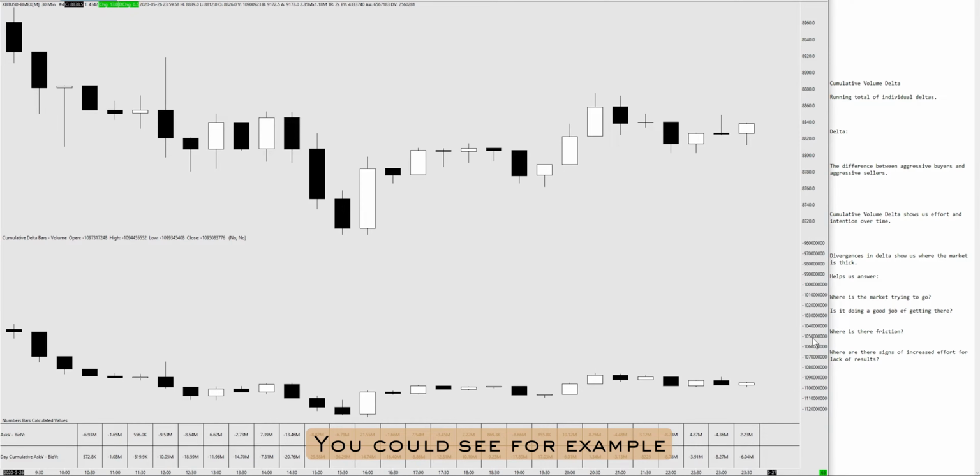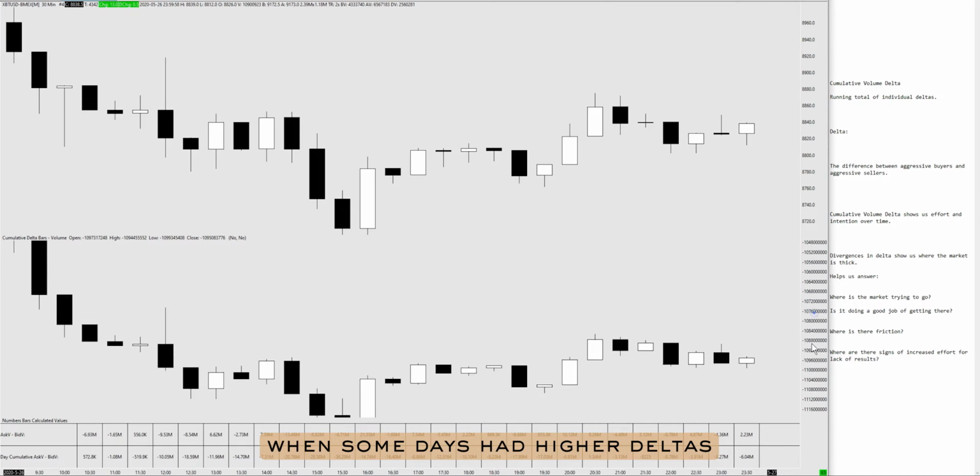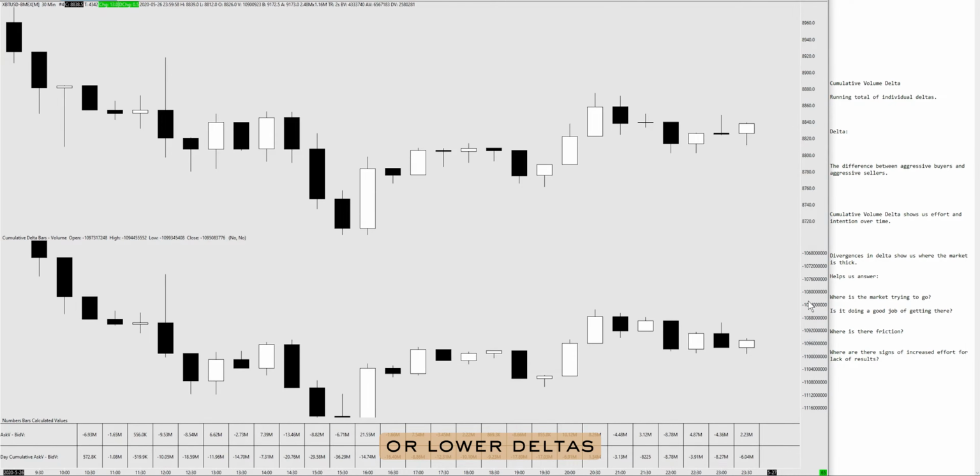You could see, for example, when some days had higher or lower deltas, or more positive deltas than negative deltas. And you could begin to judge whether there was more buying in one candle than in the prior. We could see where we have higher and lower, more positive and more negative delta values, just by the size with respect to previous candles, with respect to the individual candles that correspond to this CVD.